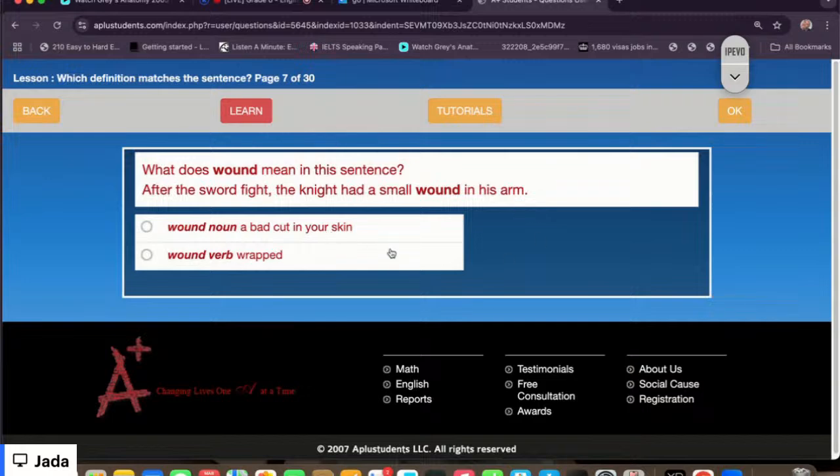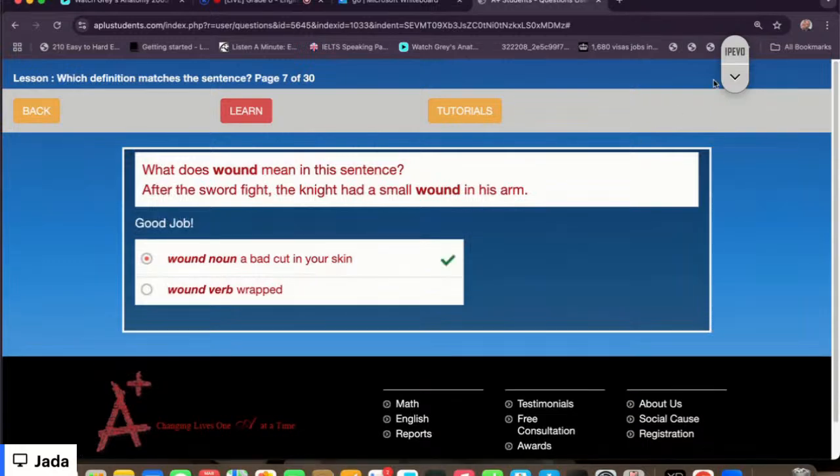So a bad cut in your skin, that's the meaning of wound in this sentence.